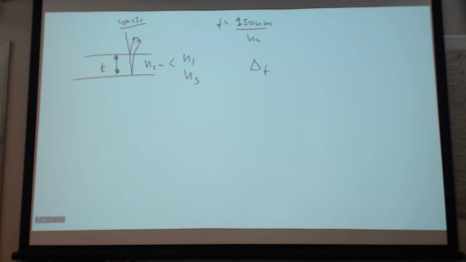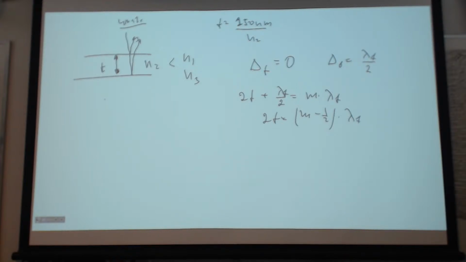Let's see. N2 is less than N1, so there will be no shift at the top, but there will be a shift at the bottom, and that's half a wavelength. So 2T plus half a wavelength should be equal to M times wavelength. 2T equals M minus a half times wavelength.